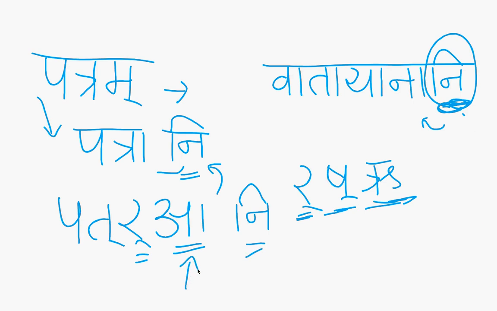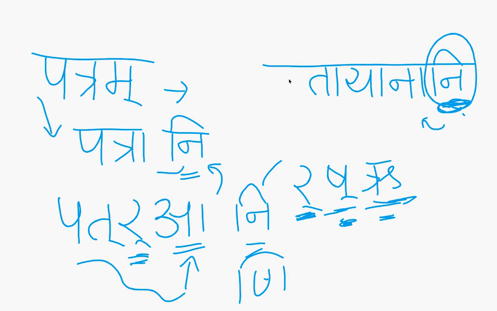So any swara is not going to prohibit this changing of ni to na, any swara from a to au. So any swara coming in between the trigger letter, this could be ra, the murdhanya sha, or this ru swara, is not going to prohibit it. So this is going to change to na. So this becomes patrani.